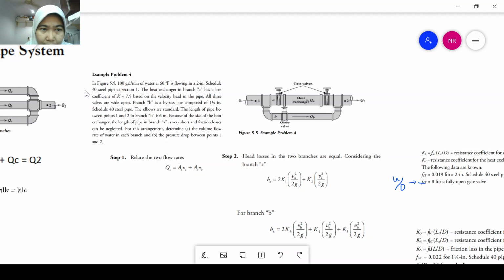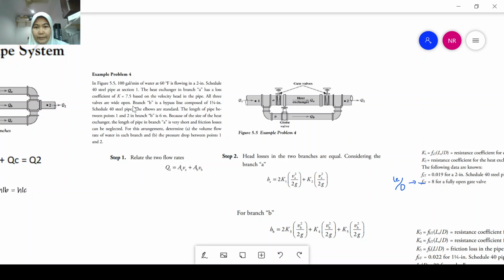So this is the type of pipe. You will need this information to find losses. The heat exchanger in branch A, this one, has a loss coefficient of K equals 7.5 based on the velocity in the pipe.